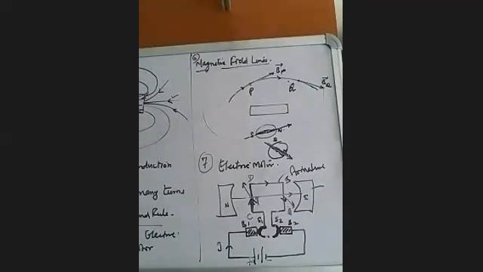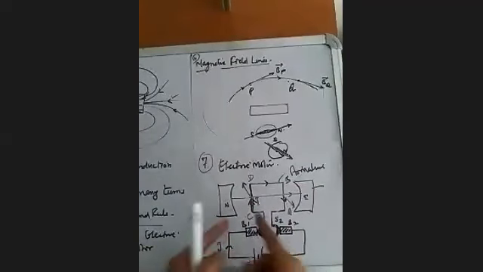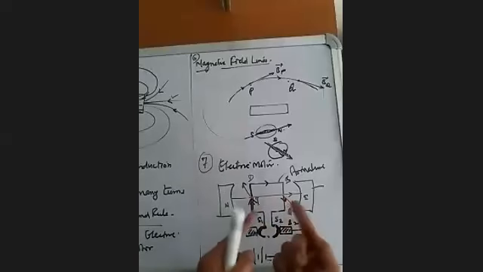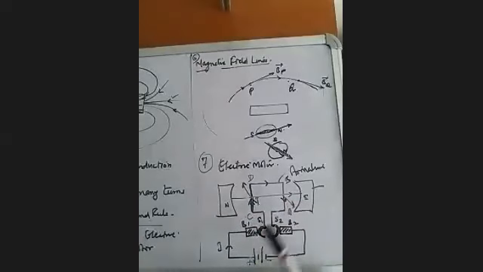Again, it will rotate in the same direction. So that is how you can show the working of electric motor. तो CD अब फिर नीचे जाएगा, ये ऊपर जाएगा. तो इस तरह से you can explain the working of electric motor.